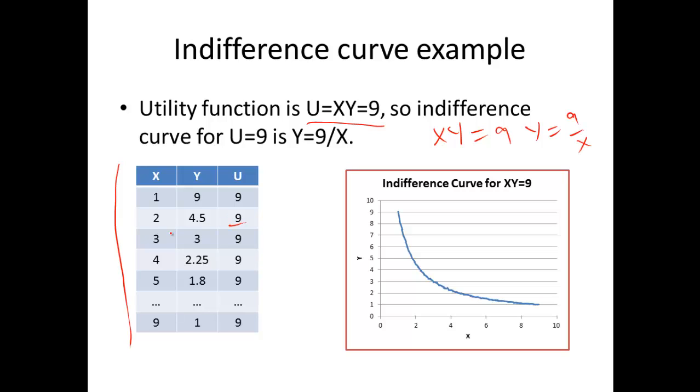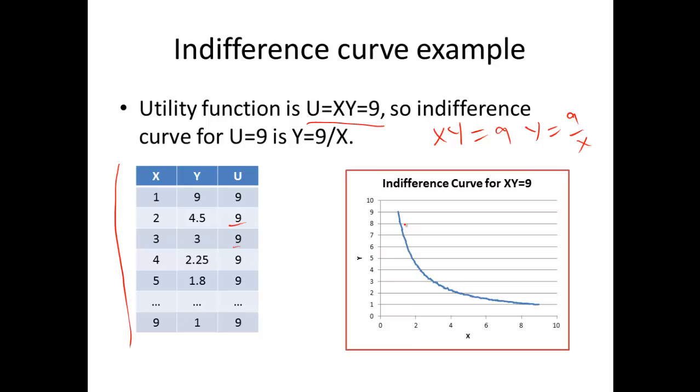If x is 3 and y is 3, then we're at 9. Of course, we could go on, but the point is, any collection of x and y that satisfies x times y equals 9 is going to be a point along this indifference curve. And these points along this blue indifference curve are exactly that. So this is the indifference curve for x times y equals 9, or you could just say for u equals 9.